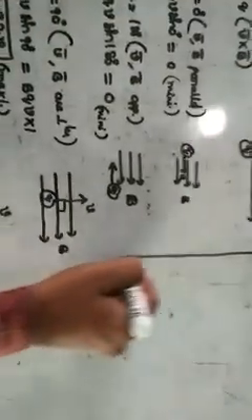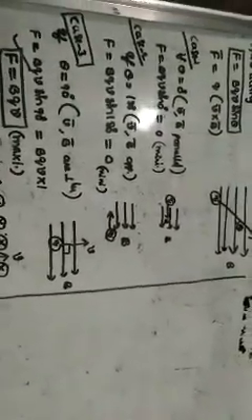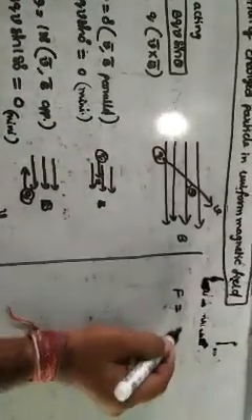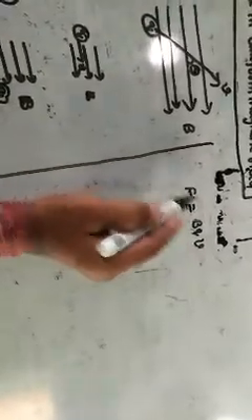Listen carefully, the continuation topic I am writing here. I told you, try to understand this concept. This force is maximum and this force is behaving like a centripetal force. So F is equal to BQV. This is the formula. It is behaving like centripetal force.